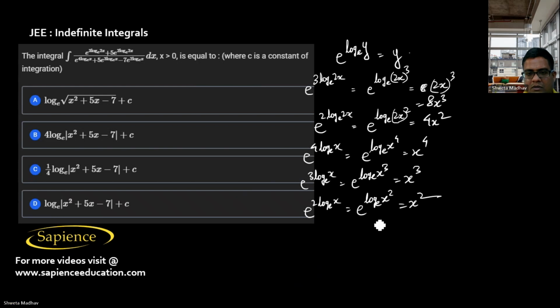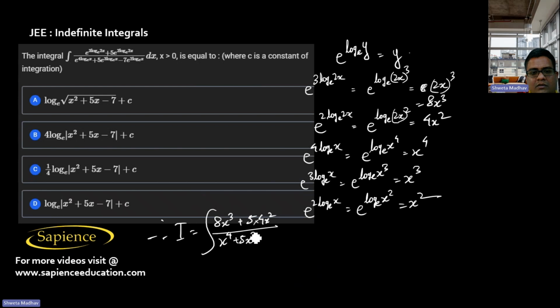So therefore the given integral I we can write as integral of (8x cube plus 5 into 4x square) divided by (x power 4 plus 5x power 3 minus 7x square) into dx.